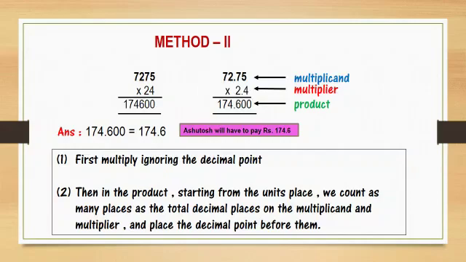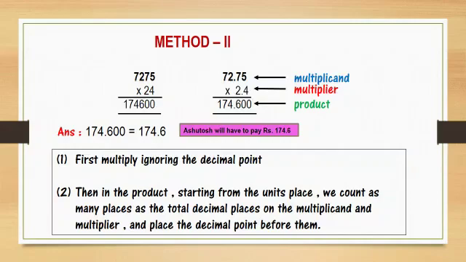Now we have to place the decimal point in the product. For that, we need to count the total decimal places in the multiplicand and the multiplier. So in the multiplicand, the decimal point is placed before two numbers counting from right, and in the multiplier, the decimal point is placed before one number counting from right. So now in the product, we have to place the decimal point before three numbers counting from right.